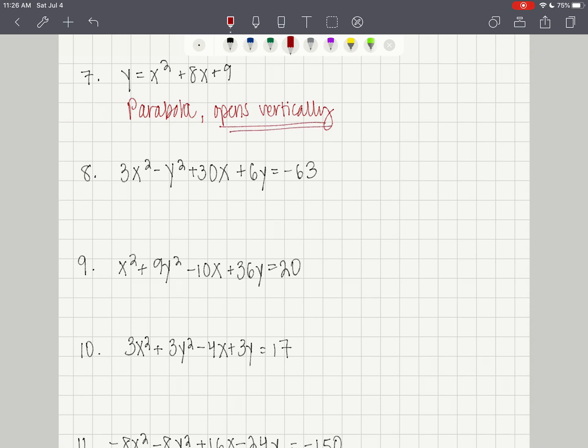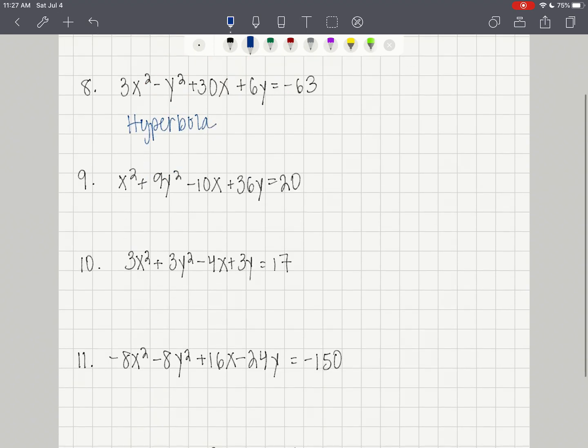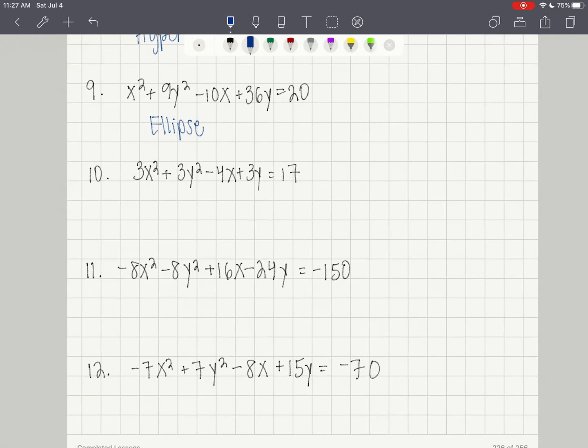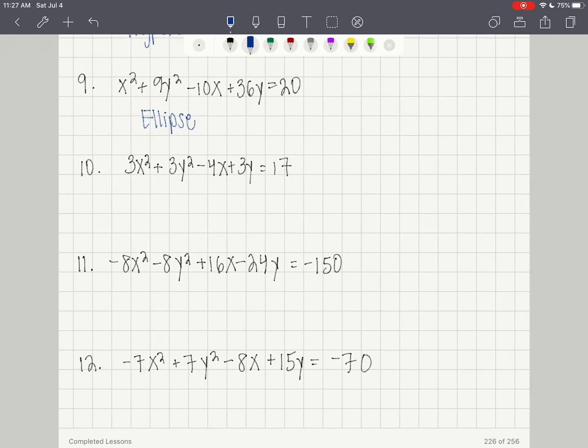That part's important. You want to know if it's opening vertically or horizontally. The next one is a hyperbola. The next one is an ellipse. Now hopefully you're just checking your answers here. That's why I'm going so quickly. Number 10 is a circle.